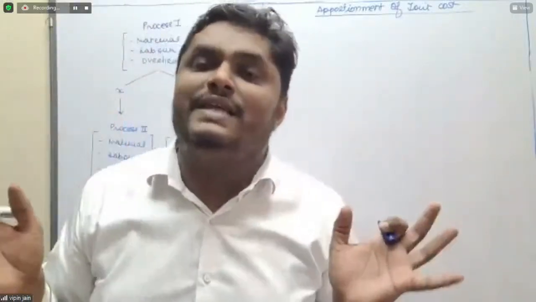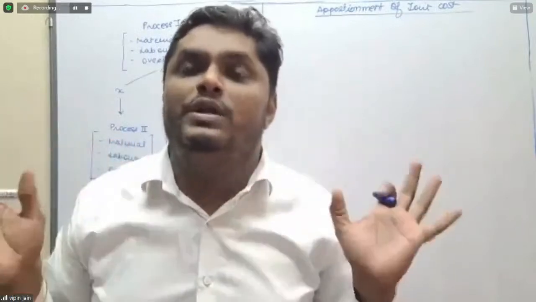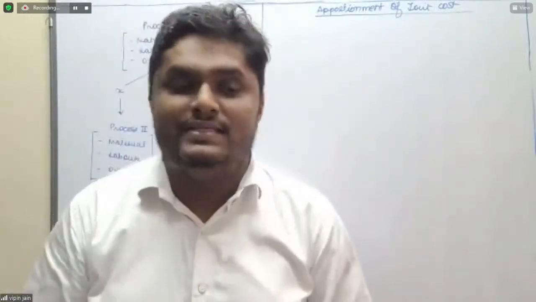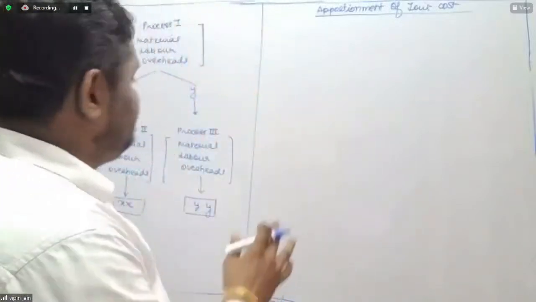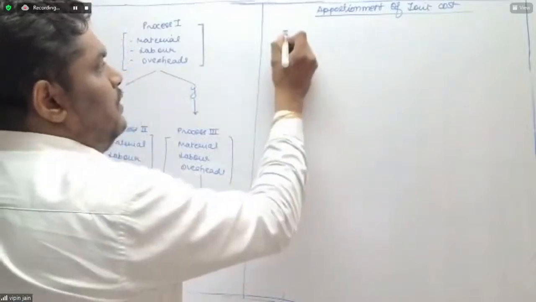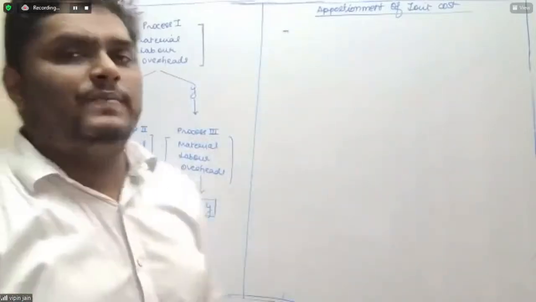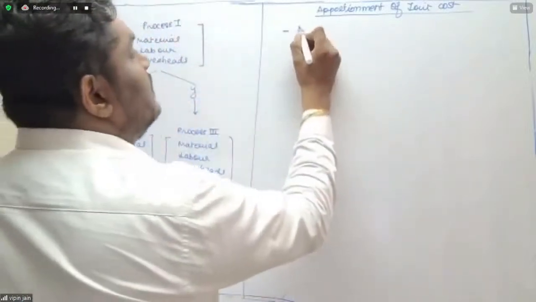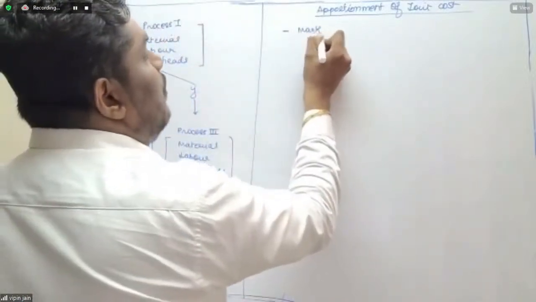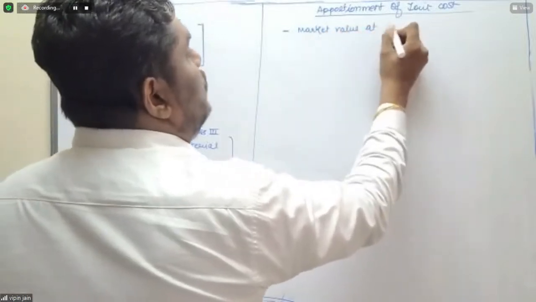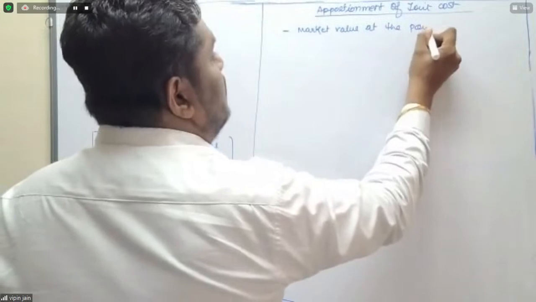This is the easiest chapter of the syllabus, and it's bonus marks if the examiner asks questions on joint and byproduct in exams. Let's start with the first method of apportionment of joint cost, that is market value at the point of separation.